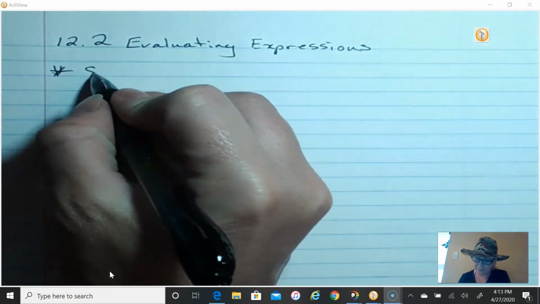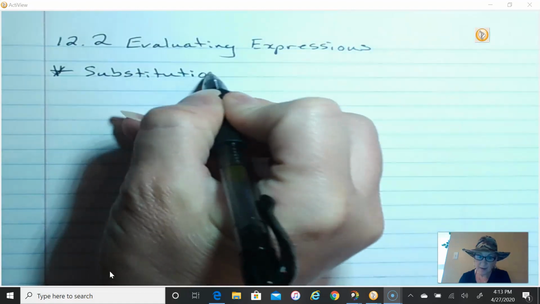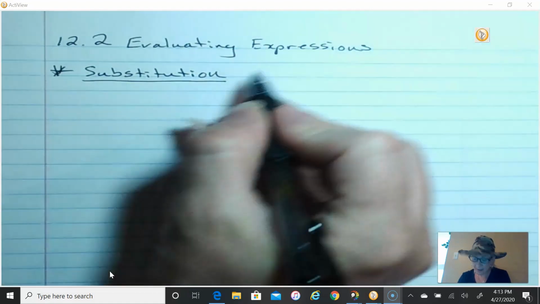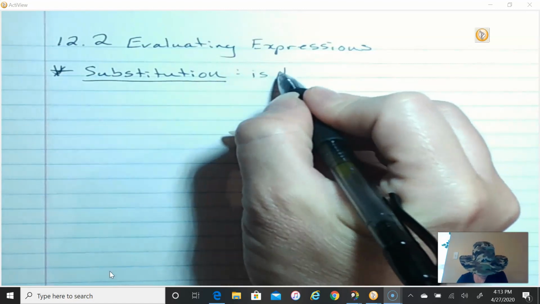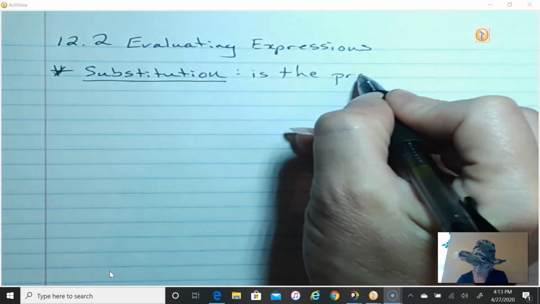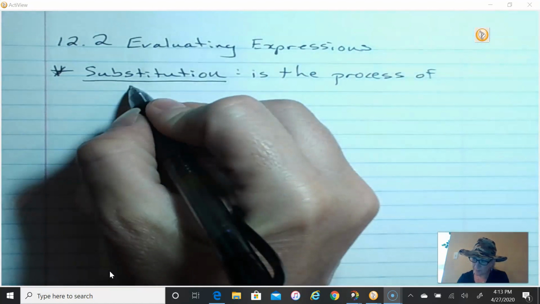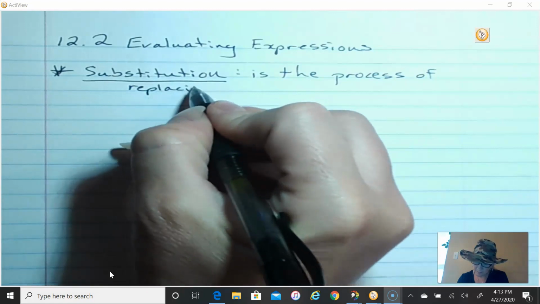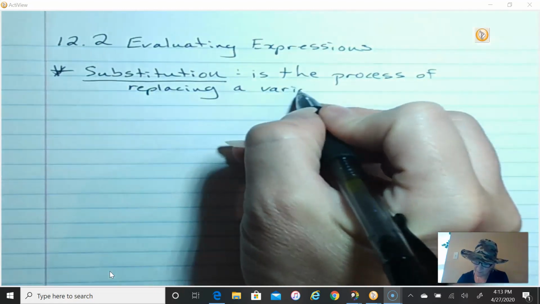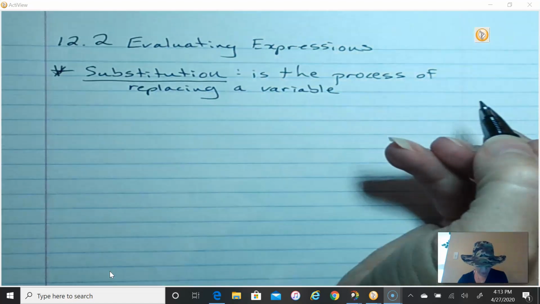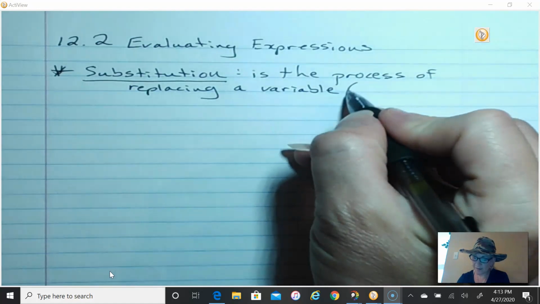Substitution. What is substitution? It is the process of replacing a variable. Do y'all know what a variable is? We talked about it. It's a letter.